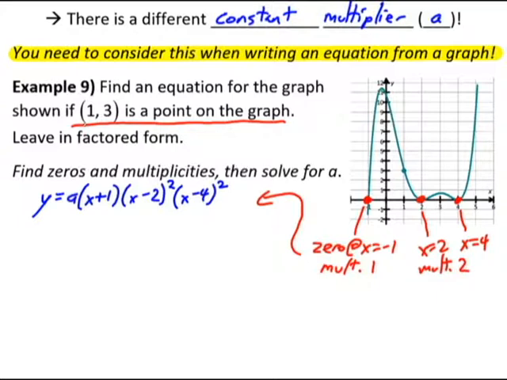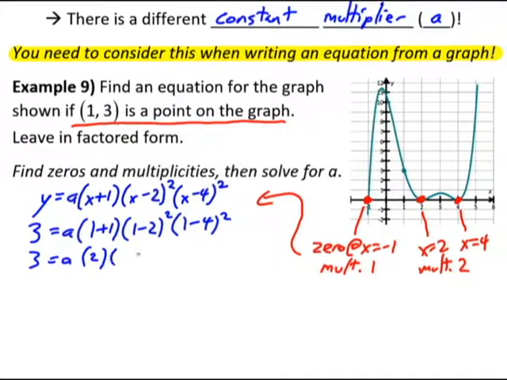We're going to plug in 1 for x, 3 for y, and then solve for a. Having solved for a, we can write the answer now.